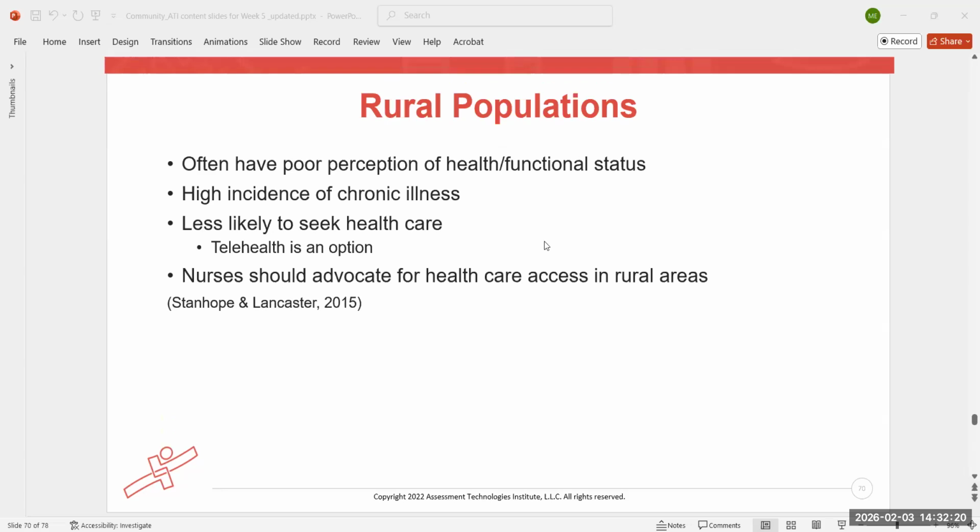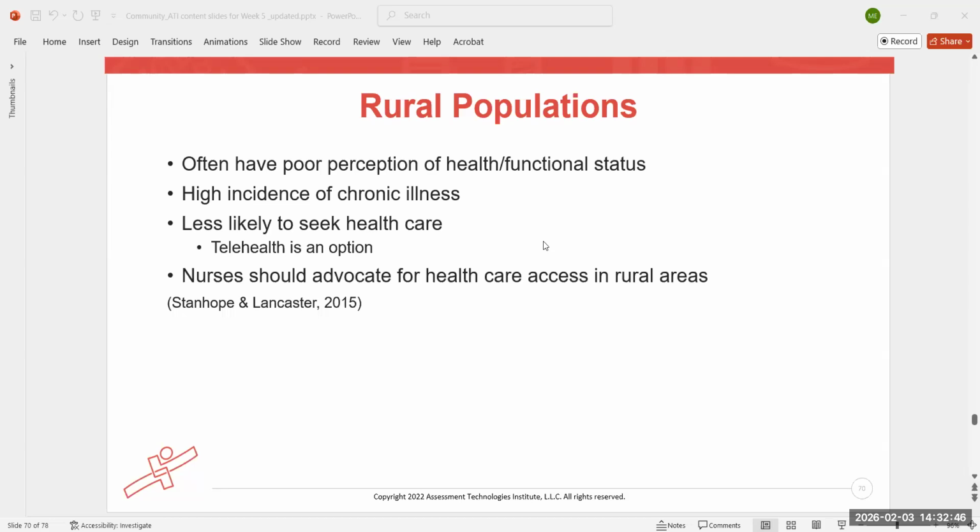And then our rural populations. This would be for individuals who are living within a further distance, more of a rural area. So there could be a higher poor perception of health or functional status. There could be a higher incidence of chronic illness, less likely to seek health care, potentially due to transportation, distance, availability.